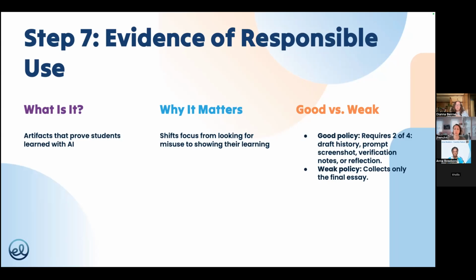So collecting drafts, prompt logs, and reflections shifts the focus from policing misconduct to documenting learning. And this evidence provides tangible insight into student thinking and process, making oversight both supportive and fair. It transforms AI use into a pathway for deeper accountability and for richer demonstration of student growth.